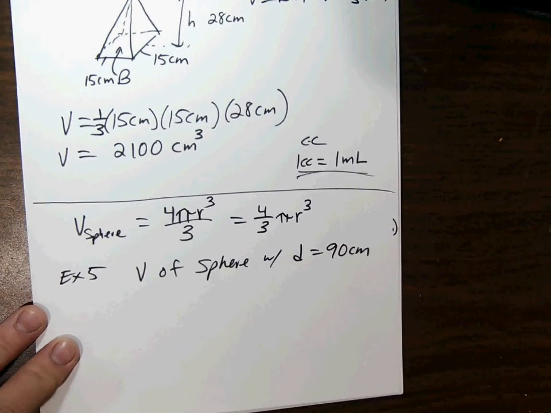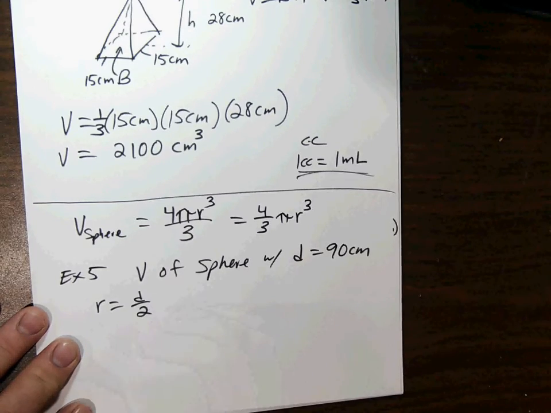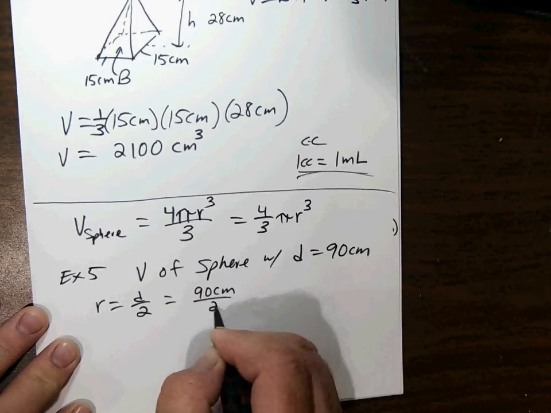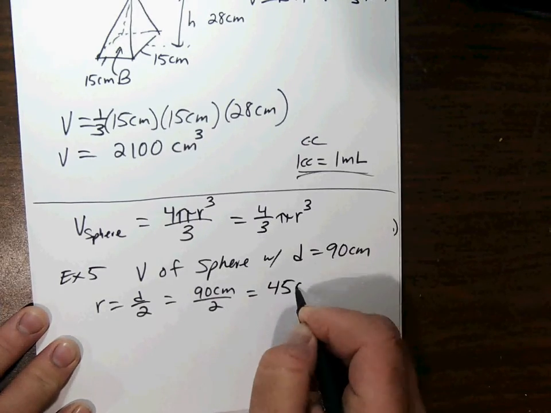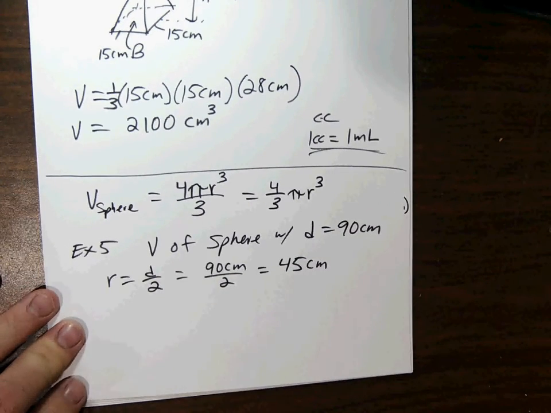It gets a little messy to do the switch there because I am cubing r, so I'd be cubing d over 2. I would be dividing by 8, which would be dividing by 24. Rather than complicate it, let's just say we know radius is half the diameter. So let's figure that out right now. 90 centimeters divided by 2. So the radius is 45 centimeters.